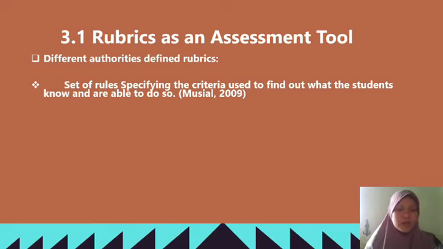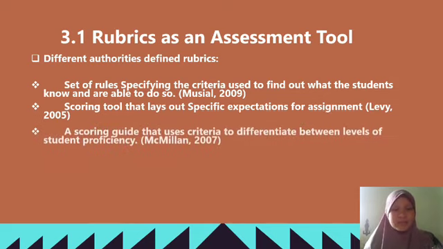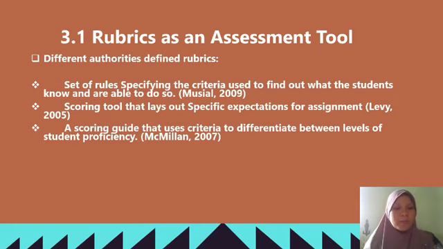From Mertler 2009, he defined rubrics as a set of rules specifying the criteria used to find out what students know and are able to do. According to Levy 2005, he defined rubrics as a scoring tool that lays out specific expectations for an assignment. From McMillan 2009, a rubric is a scoring guide that uses criteria to differentiate between levels of students' proficiency.